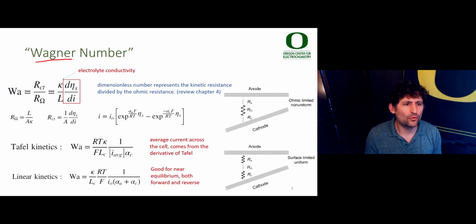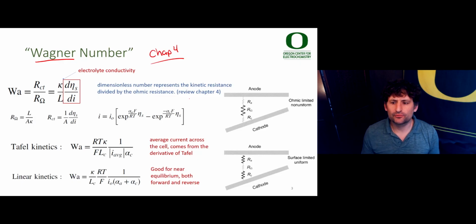First, let's discuss the Wagner number. The Wagner number is something that Fuller and Harb introduced in Chapter 4, and that we'll cover briefly here. The Wagner number is defined as the ratio of the charge transfer resistance for a process to the ohmic resistance of the process. The ohmic resistance is simply the length divided by the area divided by the conductivity.